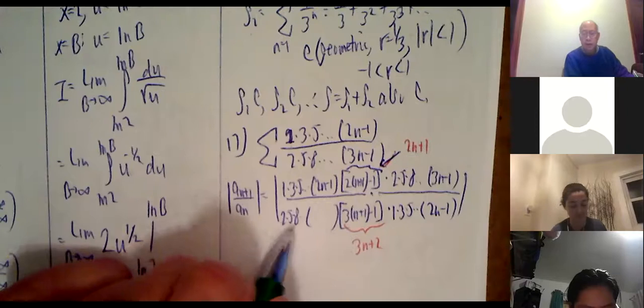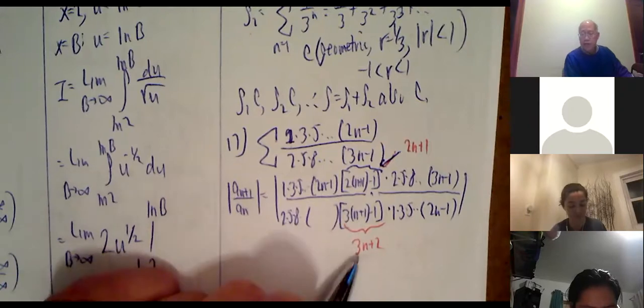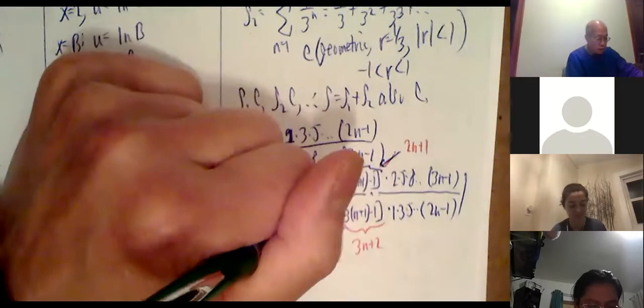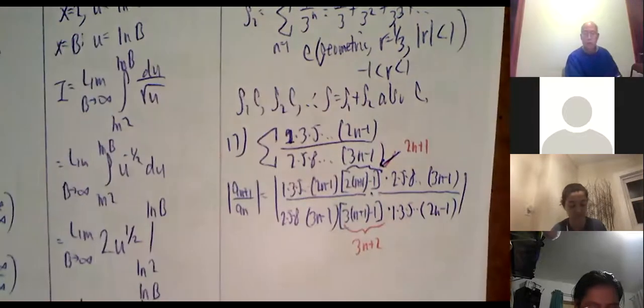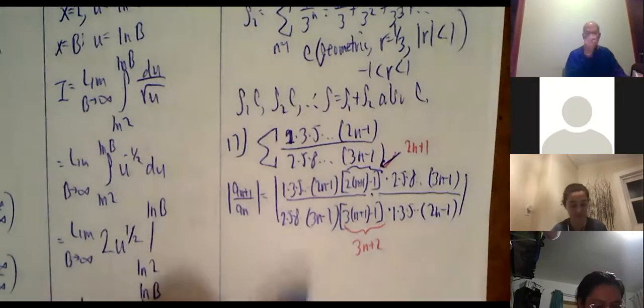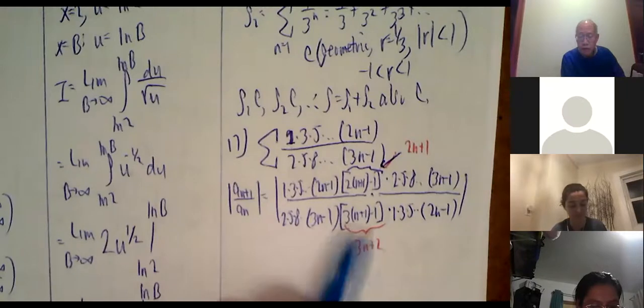How far apart are these guys? 2, 5, 8. They're 3 apart. Therefore, if the last one is 3n plus 2, what's the one that just comes before it? Subtract 3, 3n minus 1. That's a key thing. This is equivalent to 3n plus 3 minus 2.